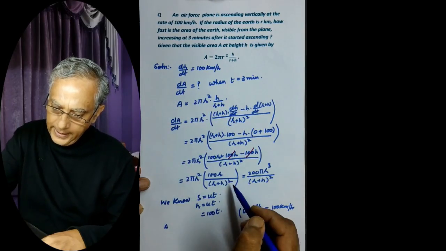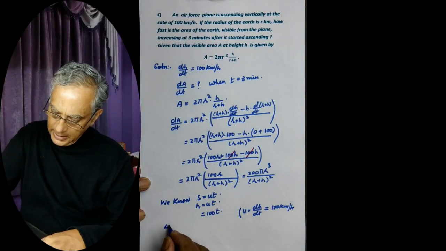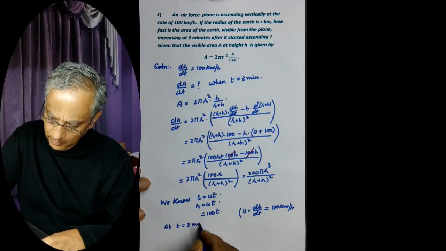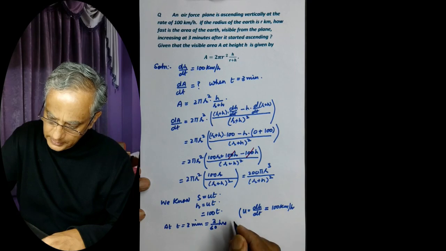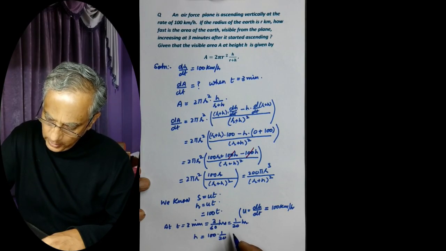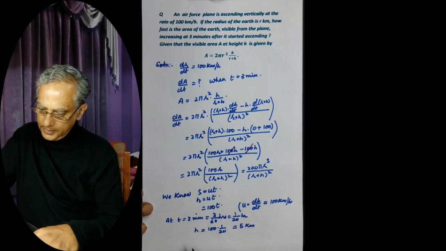Now we have to find dA by dt when t is 3 minutes. At t equal to 3 minutes, that is 3 by 60 hours, that is 1 by 20 hours, h is equal to 100 into 1 by 20, which is 5 kilometers.